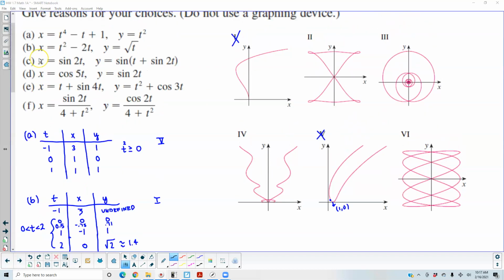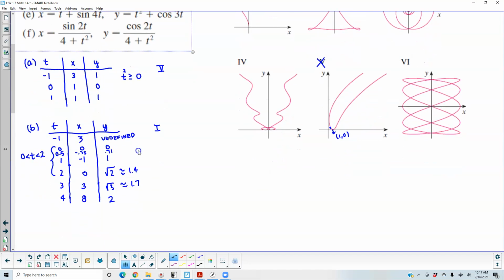So now that we've completed A and we've completed B, I'm going to go down to F. So let's take a look at F. For F, what we have is x, which is equal to the sine of 2t divided by 4 plus t squared, and y, which is equal to the cosine of 2t over 4 plus t squared.